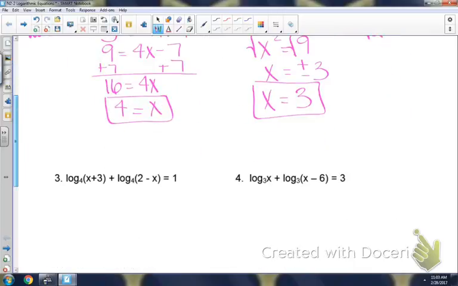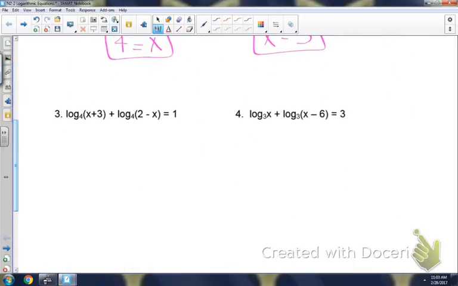Okay, let's look at number 3. So look to see if you have all or some. We have a log, and then we have a non-log. So this would be some. So what I want to do is condense the log side. Looking at the left side, I want to condense that.